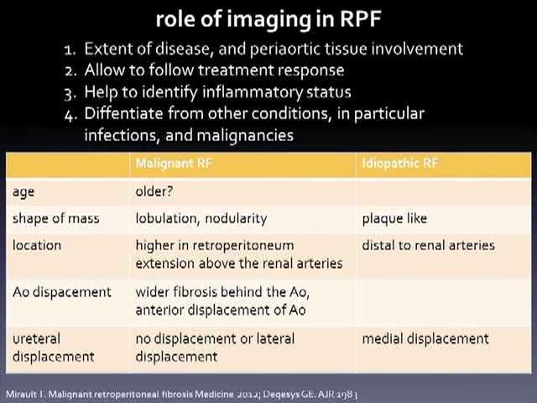And it's not a surprise that it suggests that lobulation or nodularity versus the plaque-like, a mass higher in the retroperitoneum, more fibrosis behind the aorta pushing the aorta forward, or a mass pushing the ureters away, not pulling them towards the aorta, was more suggestive of a malignant cause than in the absence of these findings.